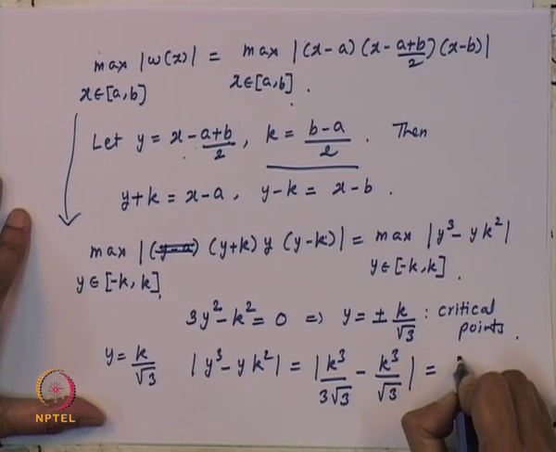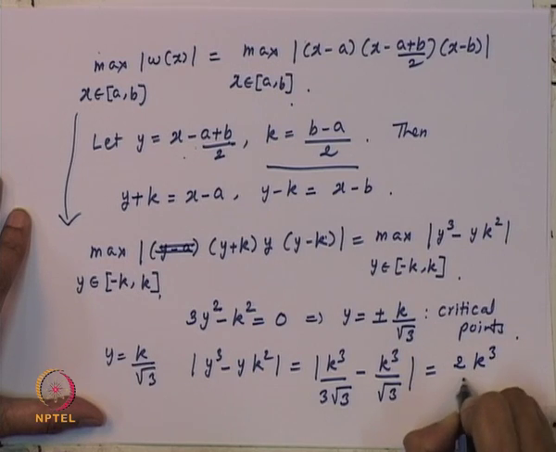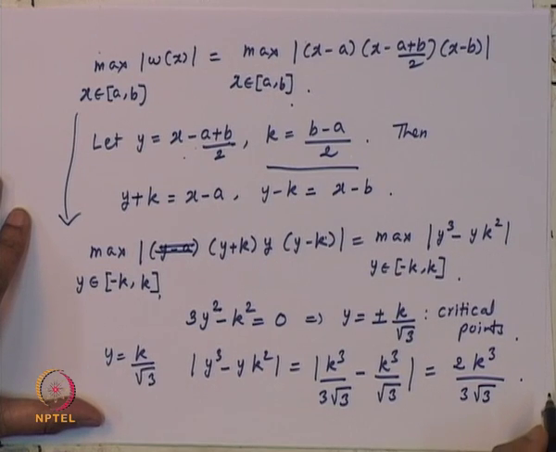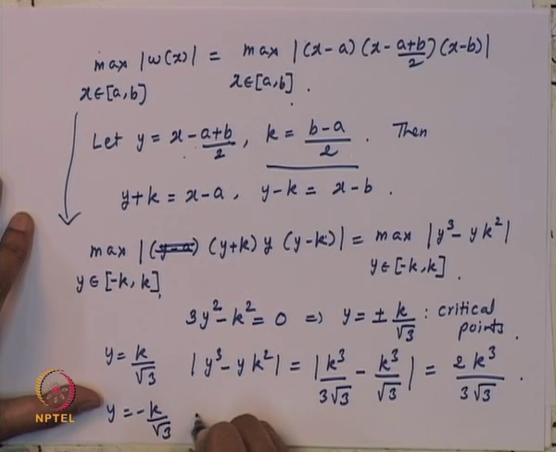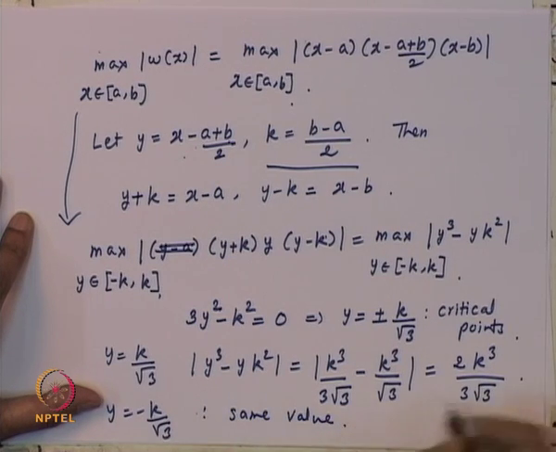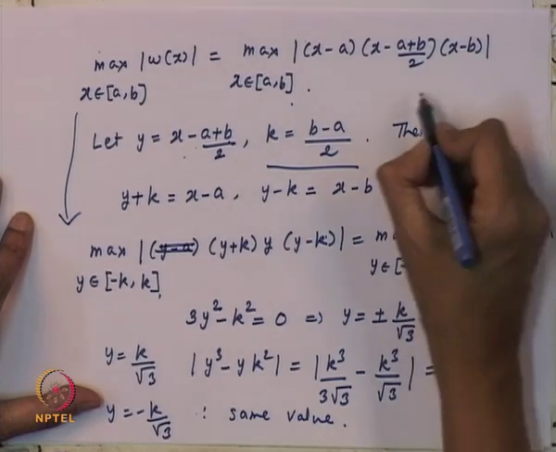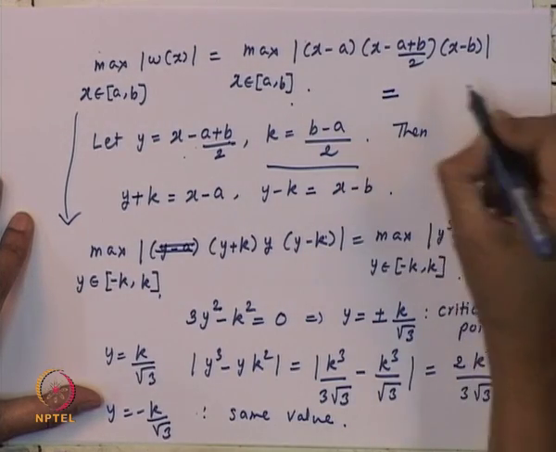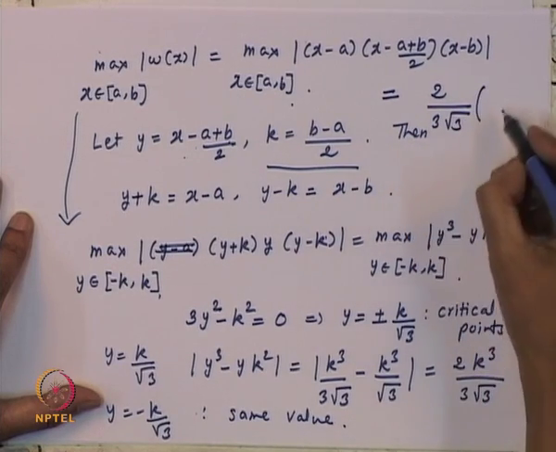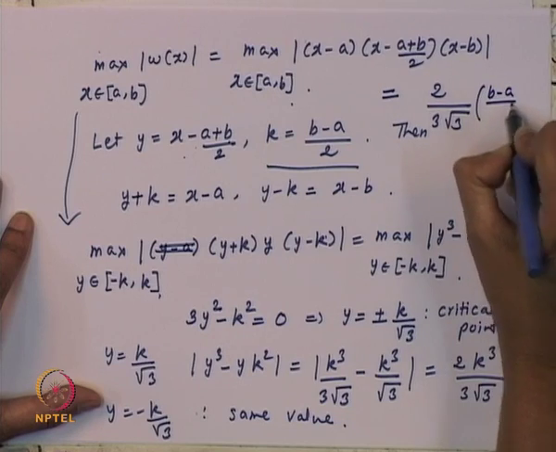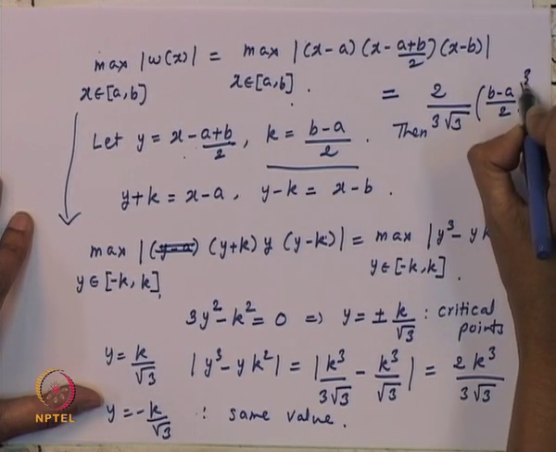So, this will be 2 k cube divided by 3 root 3, its modulus, and for y is equal to minus k by root 3, you are going to get the same value. So, the maximum of this is going to be equal to 2 upon 3 root 3 and k cube is b minus a by 2 whole cube.